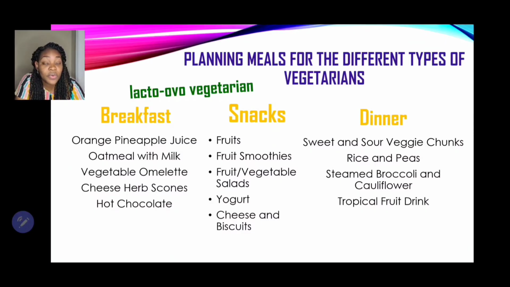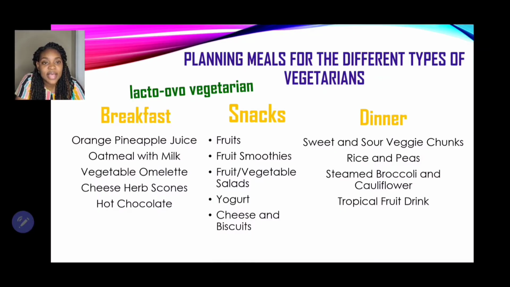You notice that we're throwing the eggs in there. We could even have scrambled egg, fried egg, or poached egg, because we are catering for a lacto-ovo vegetarian that does consume eggs as part of their diet. Good. There's also cheese herb scones, the cheese there coming from dairy products as well, and we have hot chocolate.